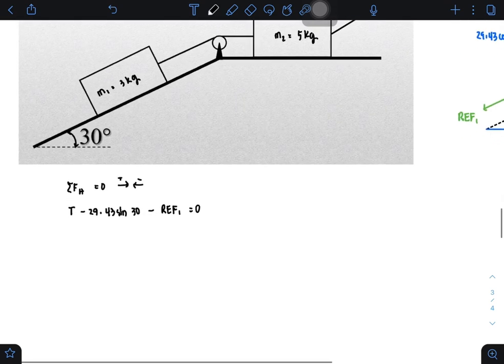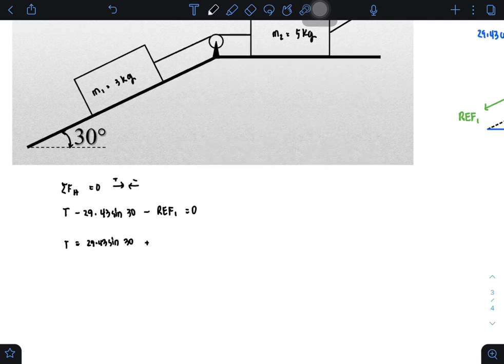So we're going to proceed in expounding the REF. We're transposing all the terms except T to the right side. You have REF, which is the weight of the first block over g times the acceleration of the first block.